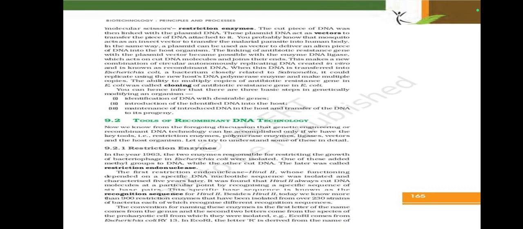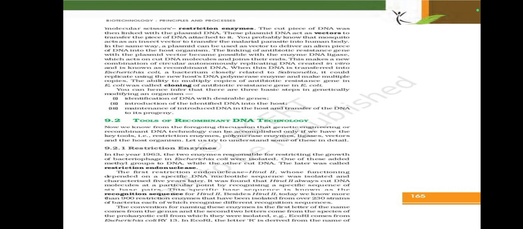You probably know that a mosquito acts as an insect vector to transfer the malarial parasite into the human body. In the same way, the plasmid can be used as a vector to deliver an alien piece of DNA into the host organism.